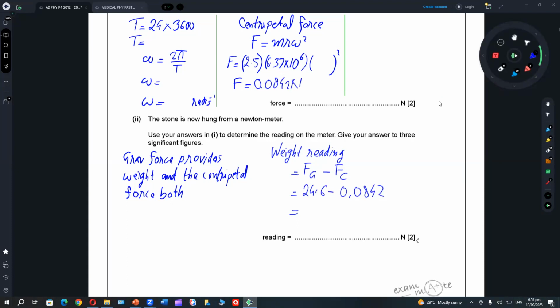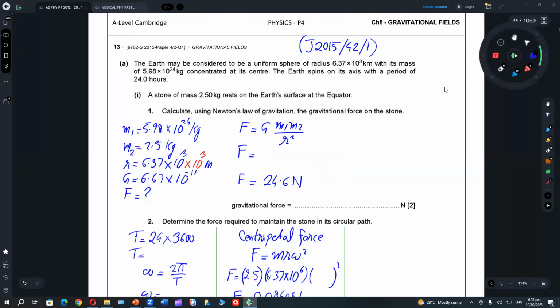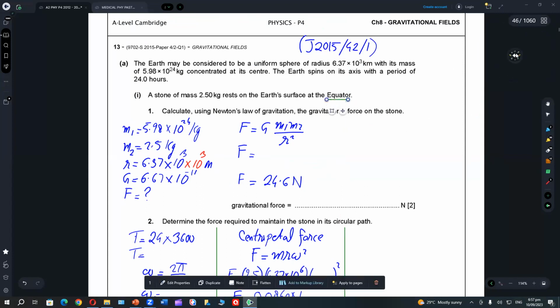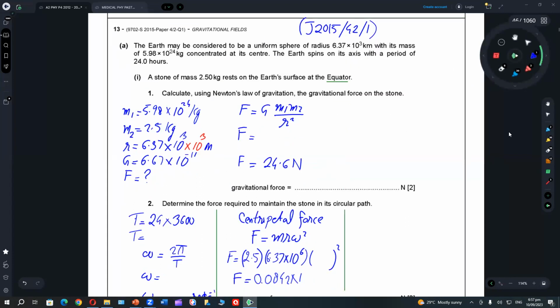Now you have to see this working: on the point on the equator, the examiner had highlighted the equator position. As we discussed in our class, at the equator some of the gravitational force converts into centripetal force.